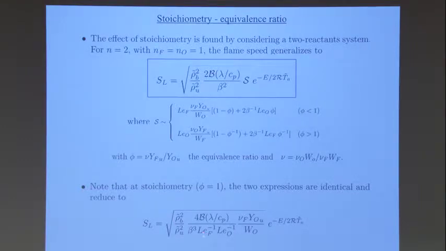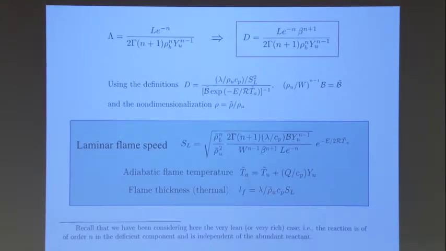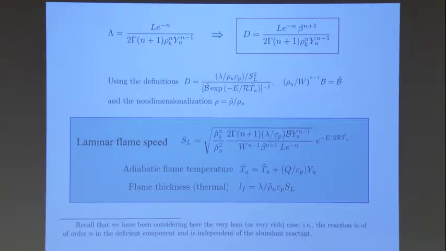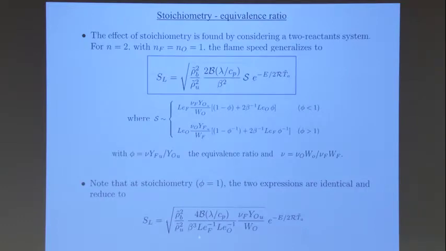You see the difference between what we had before and here is that this one depended only on one Lewis number, which is the Lewis number of the deficient component in the mixture, and now it depends on both the Lewis number of the fuel and the oxidizer.